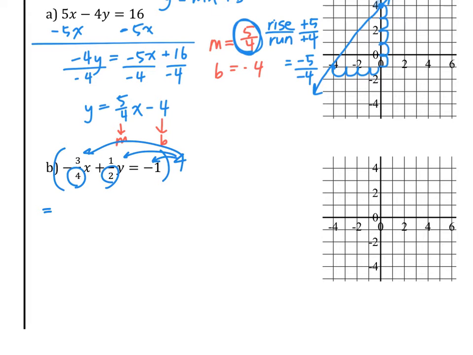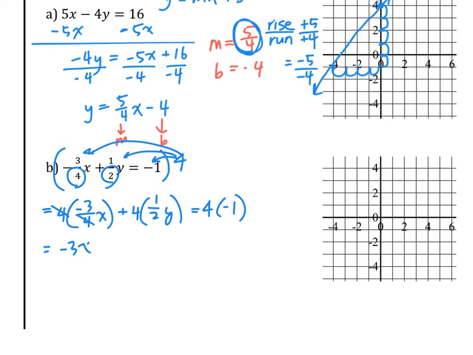Let me show you the slow way, and then eventually we're all going to do this in our heads. So distribute the 4 to every term. That means 4 times this first term, and then 4 times this second term, and then 4 times this third term. 4 times negative 3/4 x: the 4 and the 4 cancel.